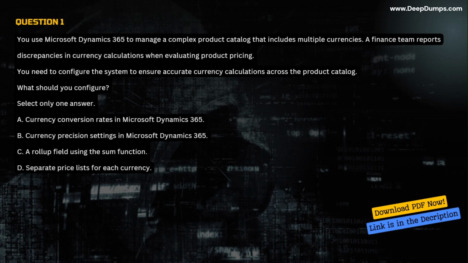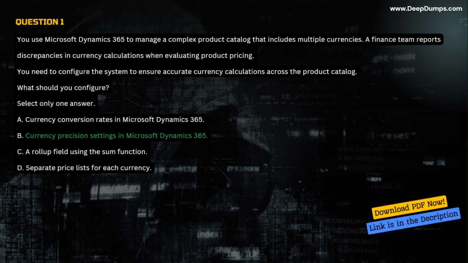Select only one answer. A. Currency conversion rates in Microsoft Dynamics 365. B. Currency precision settings in Microsoft Dynamics 365. C. A rollup field using the sum function. D. Separate price lists for each currency.